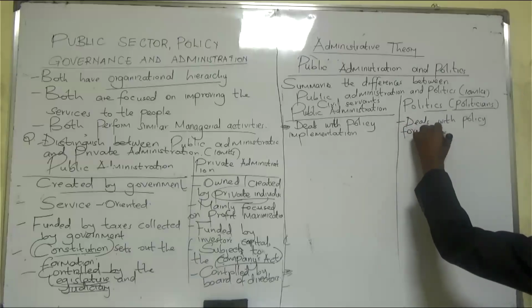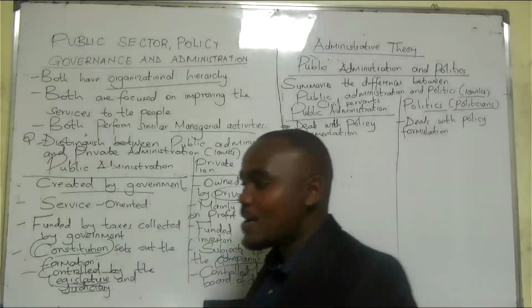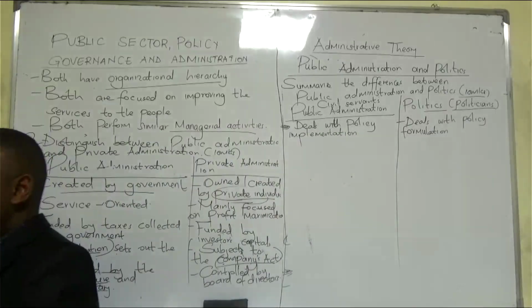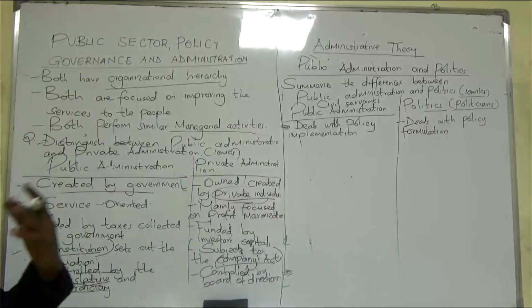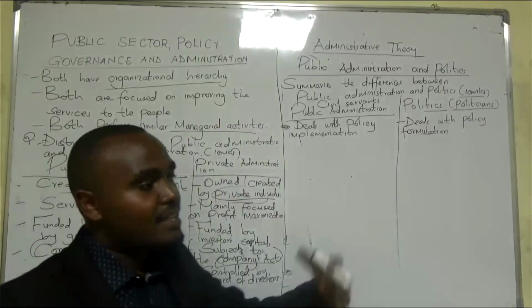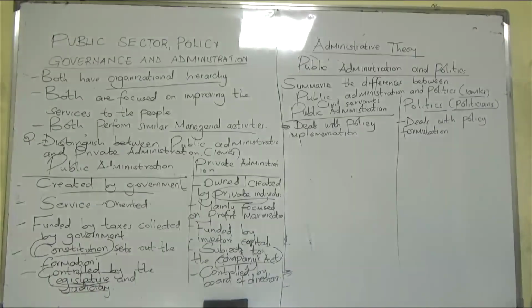Have you seen the discussion on the X platform, people are saying, do you know what is the work of an MP? The work of an MP is not CDF. The work of an MP is coming up with the laws. It is true, that one. Politicians deal with policy formulation. They are coming up with the laws that need to be taken so that it can solve the issues affecting the citizens. So after they come up with the laws and regulations, the civil service or the executive is the one that deals with the implementation.